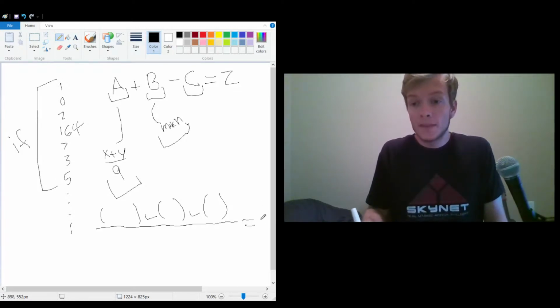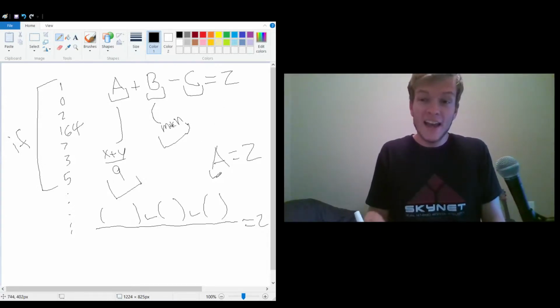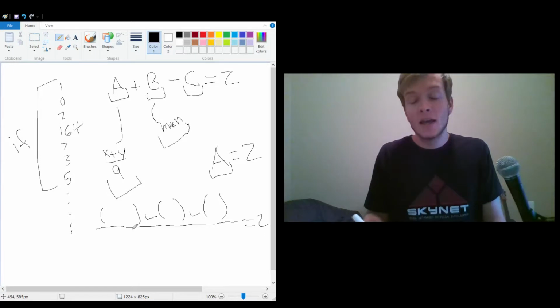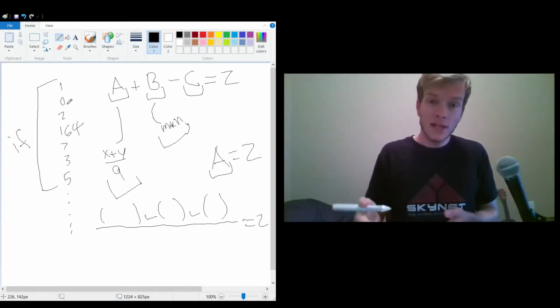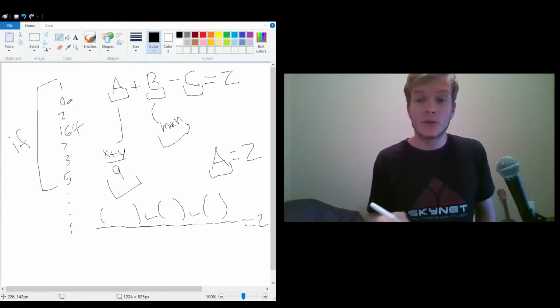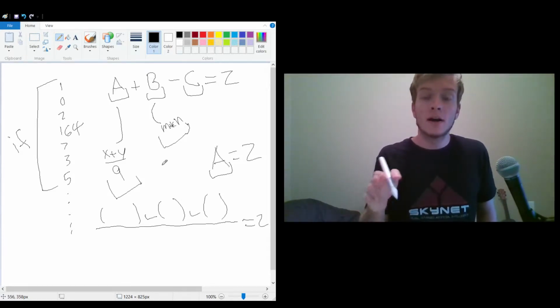So this would be something like A equals Z, and this A is actually broken down into a bunch of different pieces, which are broken down into even smaller pieces. So it's very complex, and that's why I think it's a pretty good task for the AI to attempt to accomplish.